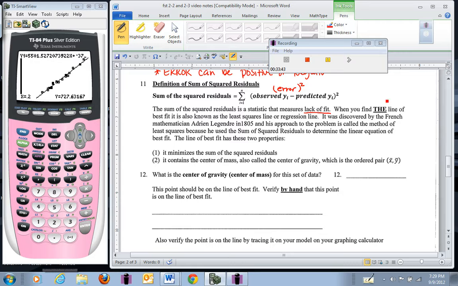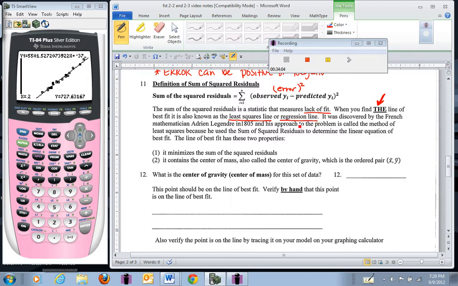Okay, when you find the line of best fit, which is what you find when you do it by hand, or when you use the calculator, it's also known as the least squares line, or the regression line.